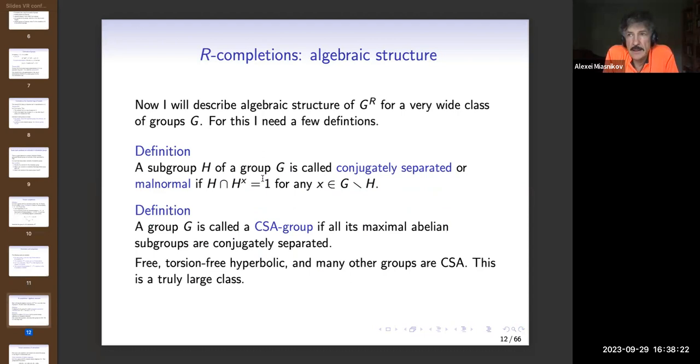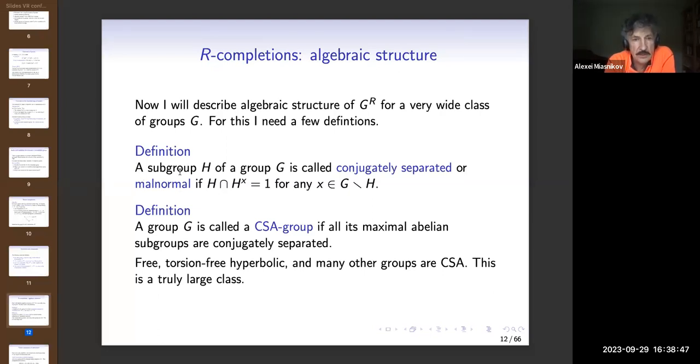So in the next several slides, I will show that tensor completions have a very nice algebraic structure for a wide class of groups, like free groups.